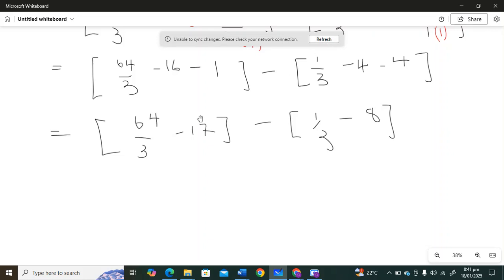We've reached the part 64 over 3 minus 17 minus open brackets 1 over 3 minus 8. So maybe let's solve that as I'm trying to refresh the board.